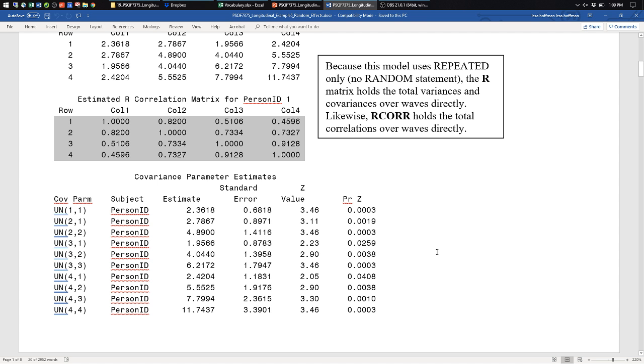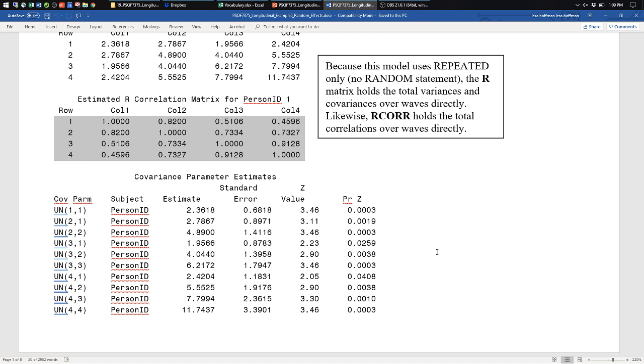Under covariance parameter estimates, this table, which SAS calls cov-parms, will always have every parameter that is part of your model for the variance. UN11 is the label for the first one. Isn't that a terribly helpful label? What is that?